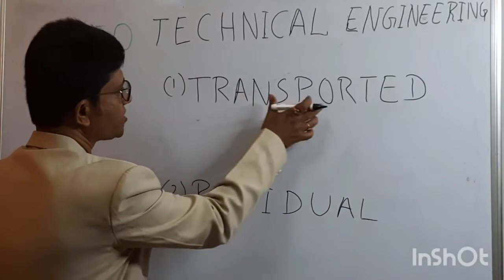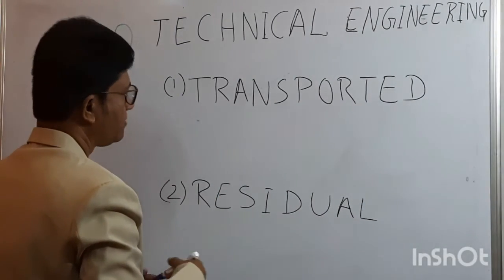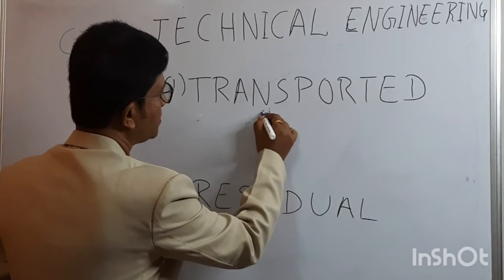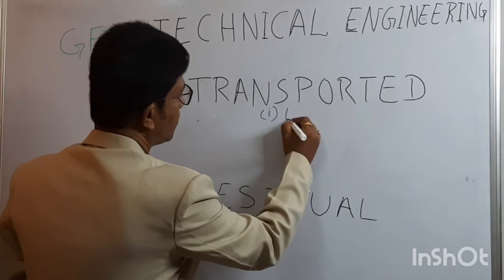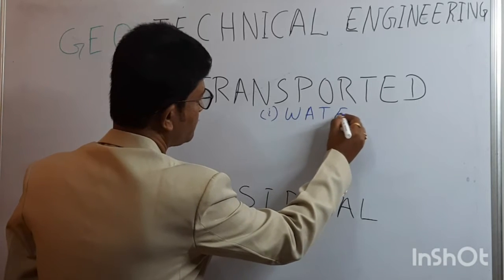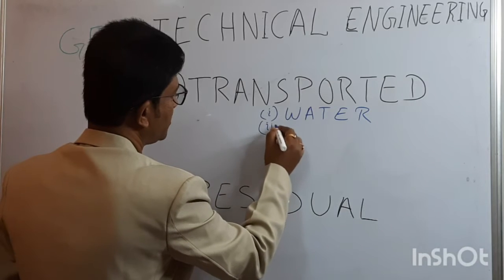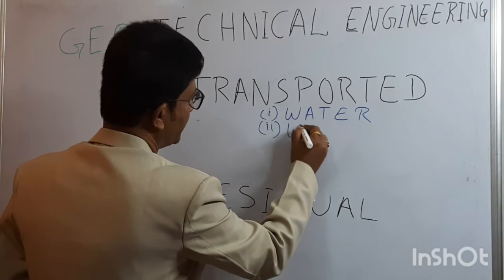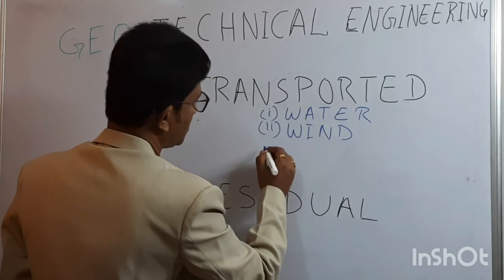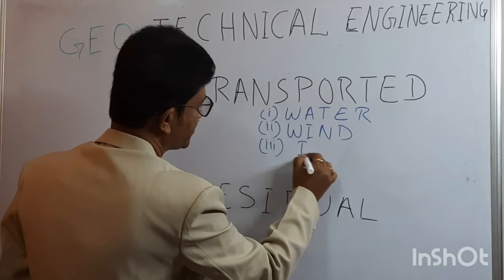Now this transported soil depends upon the following carriers. Number one is water. Number two is wind. Number three is ice.